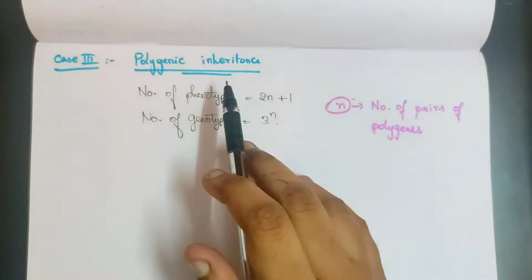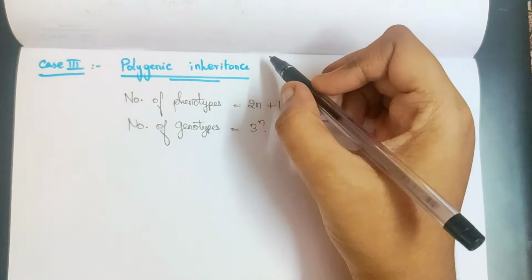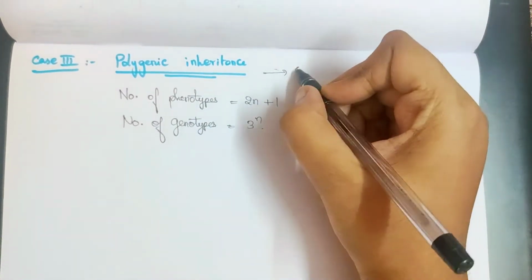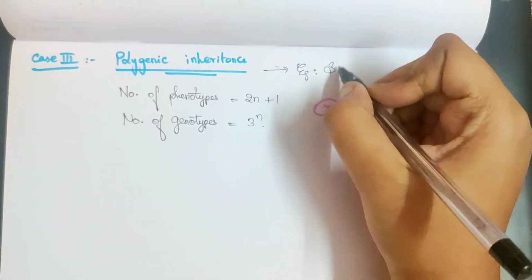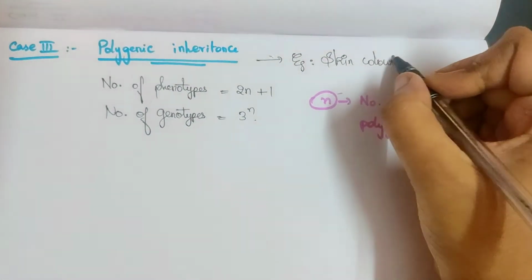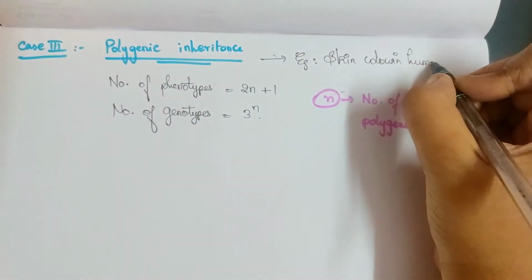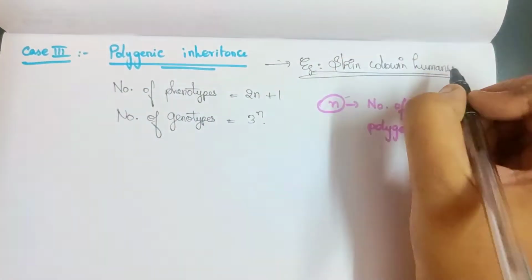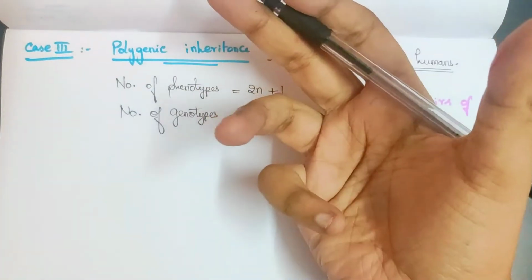So the next case is polygenic inheritance. In our book we have a great example, which is skin color in humans. Skin color in humans will come under polygenic inheritance. Polygenic inheritance means what? Many genes control a single character.